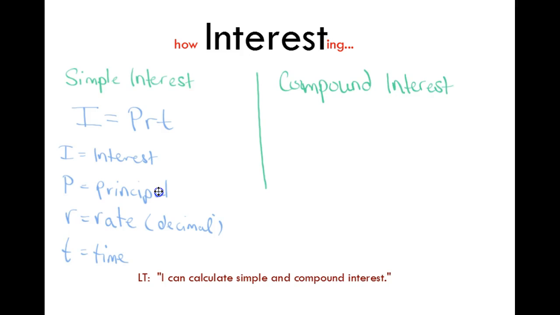Compound interest works a little differently, and it's because, let's say you go to the bank, you put in $500 on January 1st. A year later, it has grown whatever percent the bank gives you, let's say 10%. So your $500 has gained $50 because that's 10% of the 500.